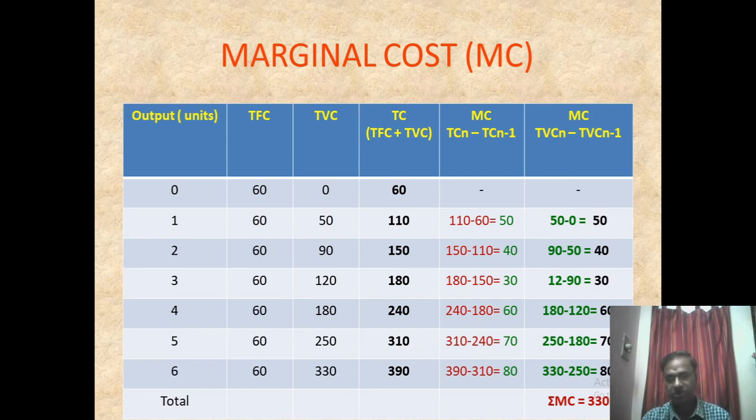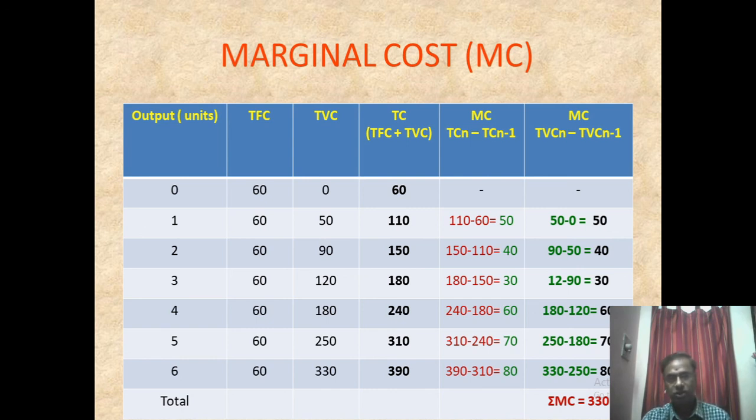Another important point you have to note here is, if we add the MCs of all these levels of output, it will be equivalent to the TVC. Here also 330 is the sum of MC. If you add all these MCs, you will get 330. The TVC is 330. Sum of MCs is equal to TVC.